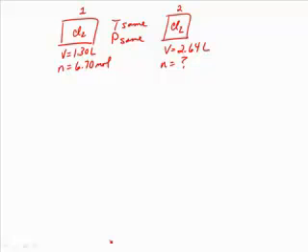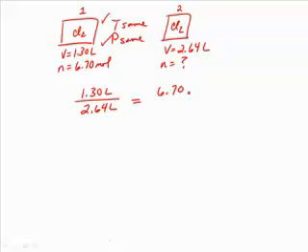Okay? The thing to remember here is that if we have a case where our temperature and our pressure are the same, that means the volume ratio is the same as the mole ratio. So we can just say that I have 1.3 liters to 2.64 liters, and 6.7 moles, so the volume ratio is going to be the same as our mole ratio.